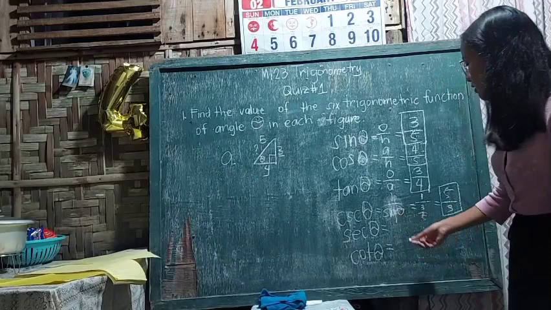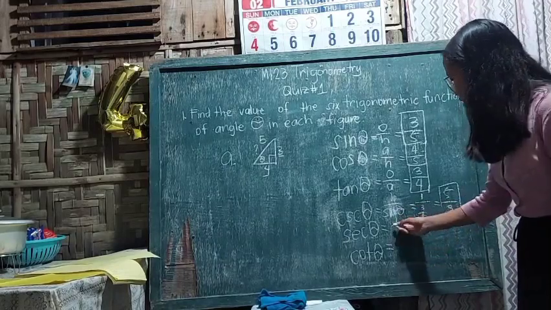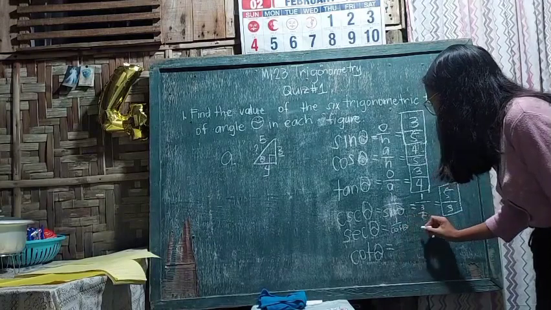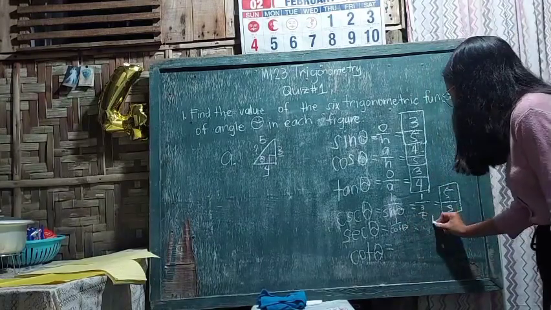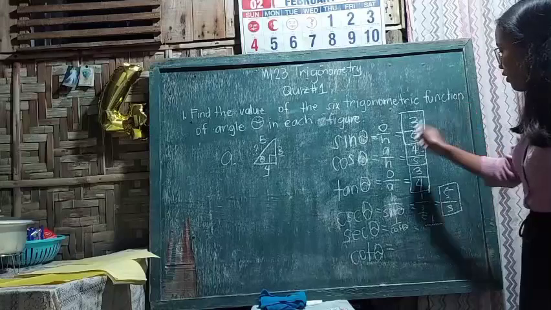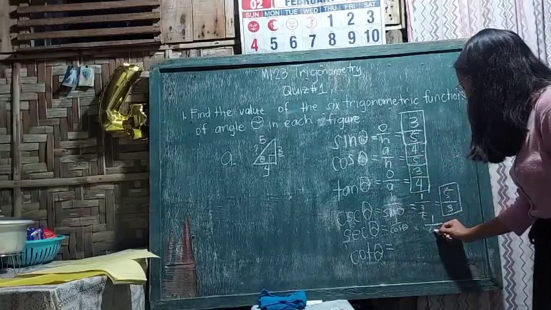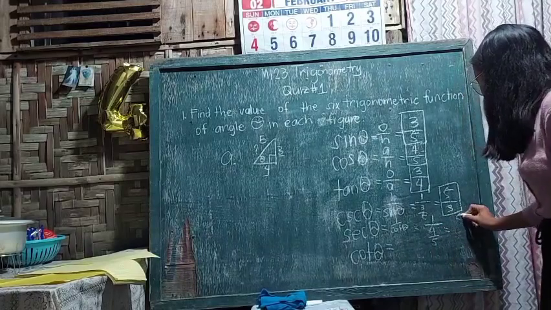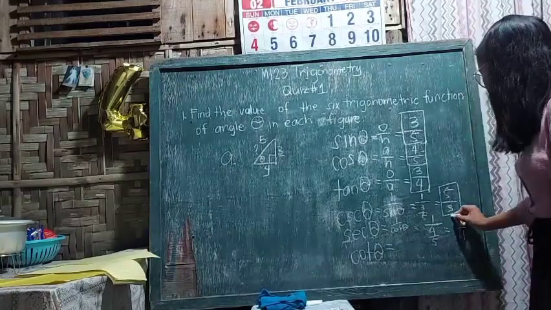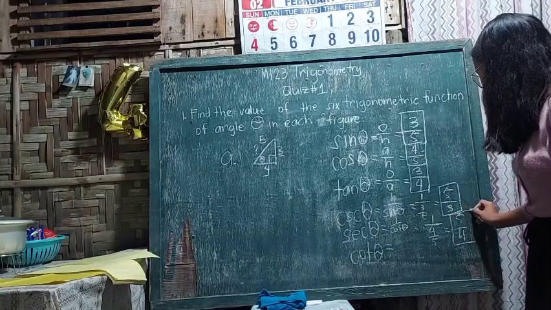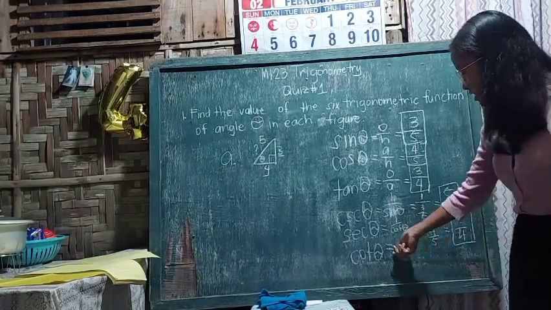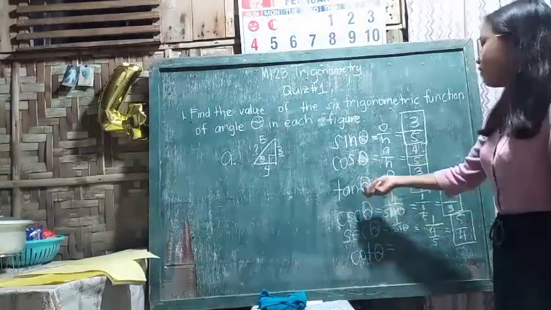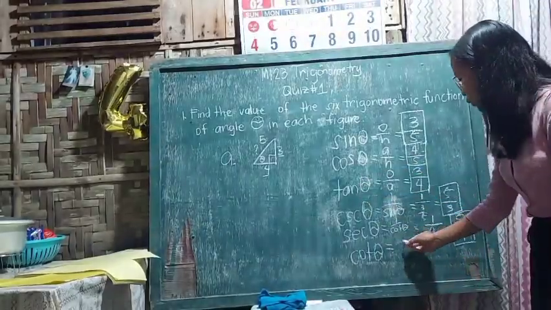Now for our secant, it is the reciprocal of the cosine. So it is 1 over cosine theta. The value would be 1 over the value of our cosine, which is 4/5. It's going to become 5 over 4. Now for our cotangent, it is the reciprocal of our tangent.